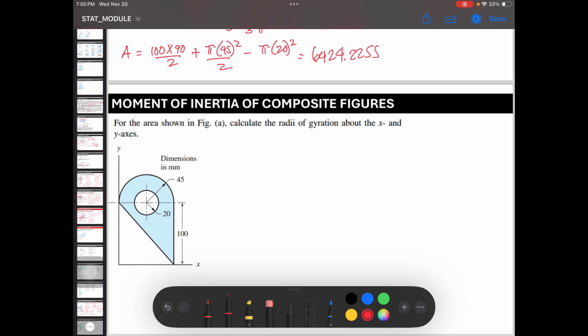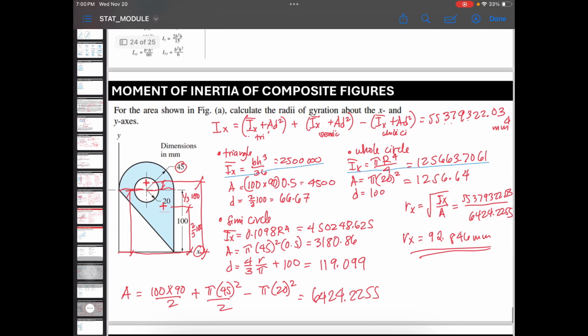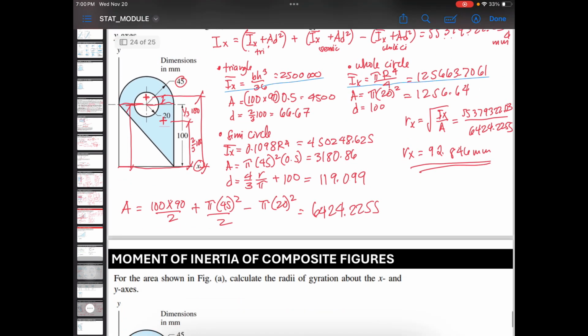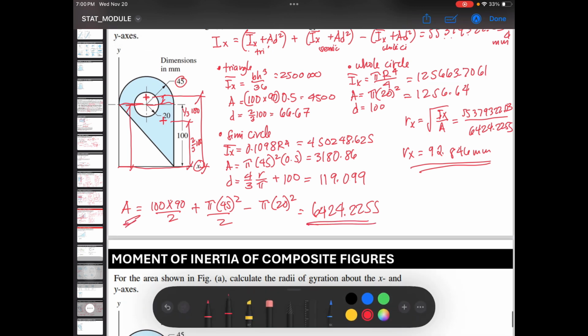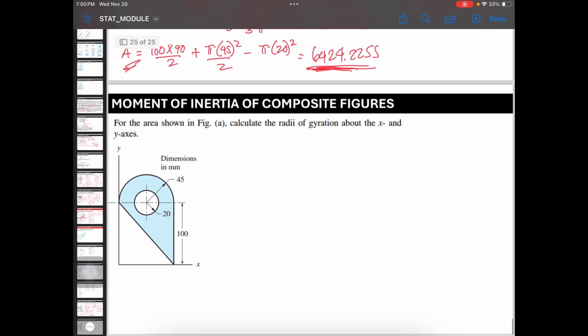So, Ry naman. Kailangan natin is Iy. But for the area, syempre, isang area lang yan. Same area na lang. Kunin na lang natin si Iy niya. So, uulit tayo.